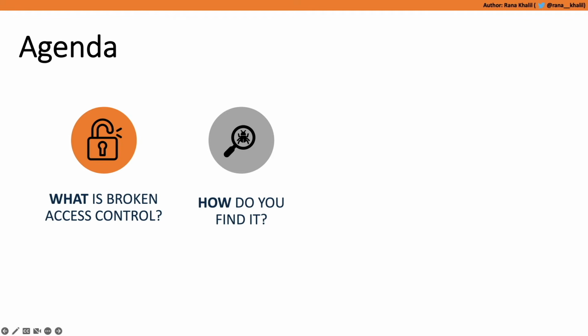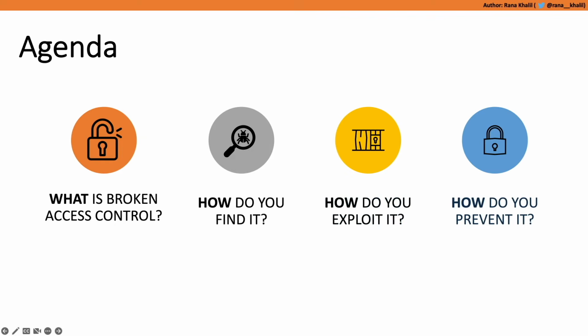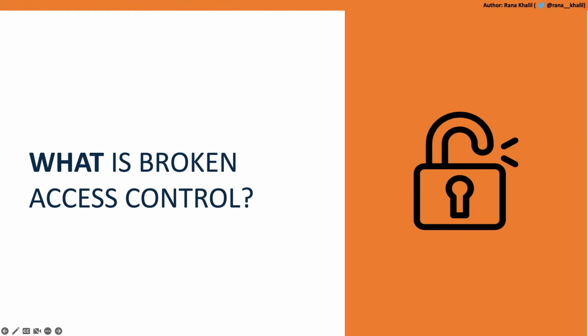So if you're given an application and possibly even the application source code, how would you approach testing the application in order to determine that it's vulnerable? Once you have found that the application is vulnerable, how do you exploit the access control vulnerability to achieve your end goal? Then we'll end the presentation by covering the different techniques that you can use to prevent or mitigate access control vulnerabilities. Okay, let's get started with the first section, which is what is a broken access control vulnerability.